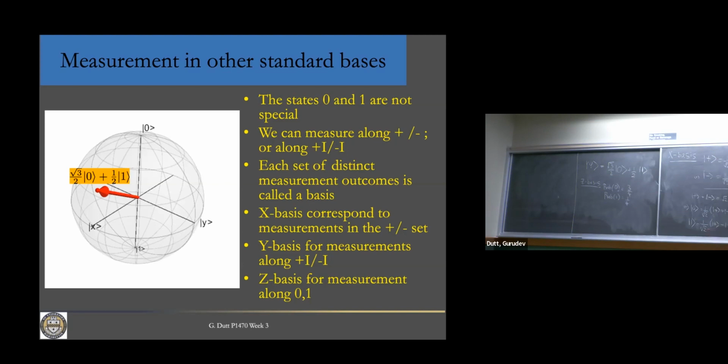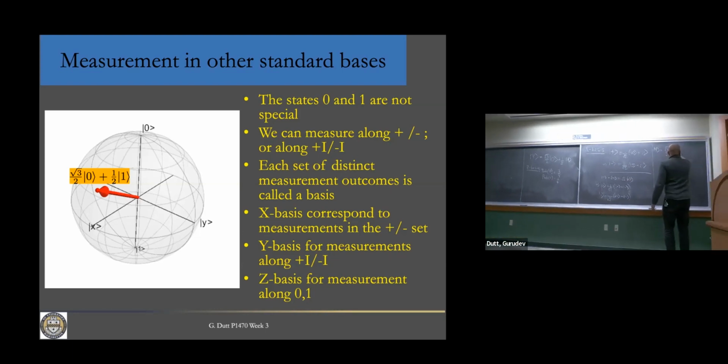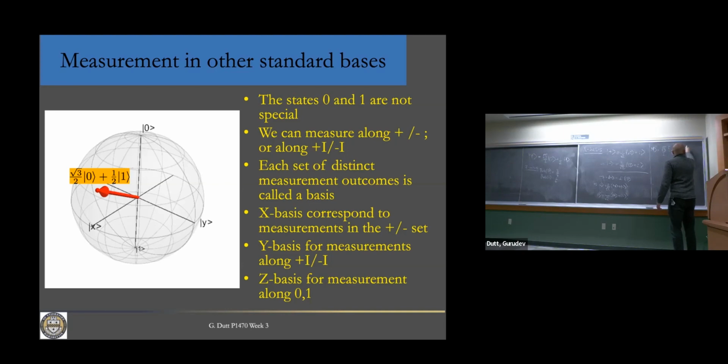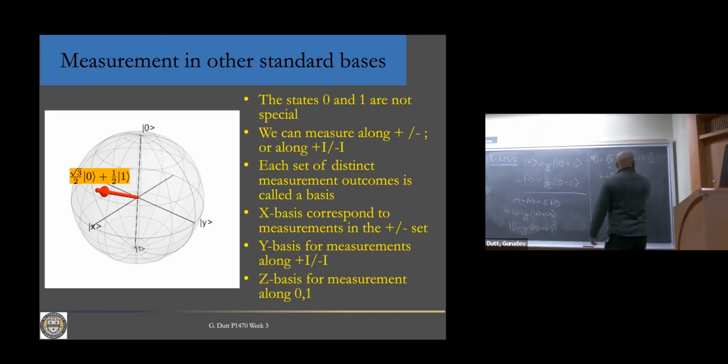We'll go through it in some detail this time, since if you've never seen this before, it may be helpful. Ket 0 is 1 over square root of 2 times ket plus plus ket minus. Then for the state 1, I have 1 over 2 times ket 1, which is 1 over square root of 2 times ket plus minus ket minus.